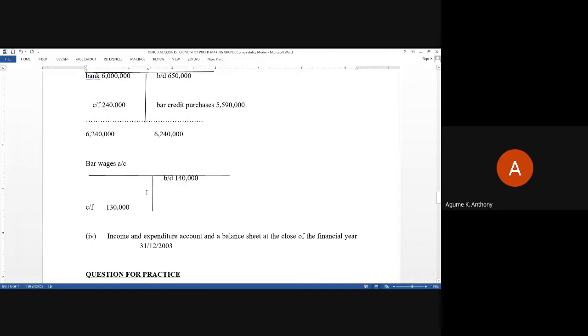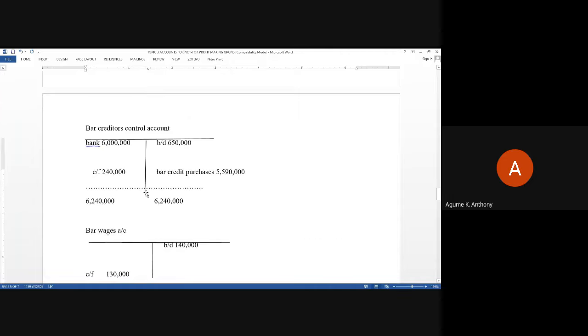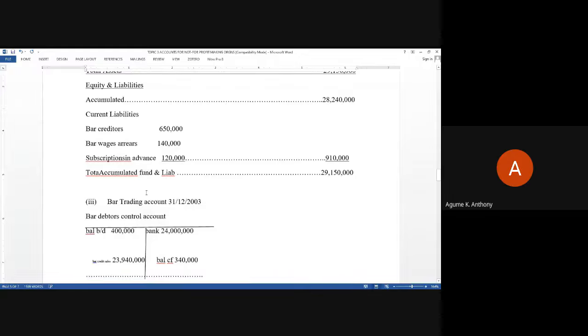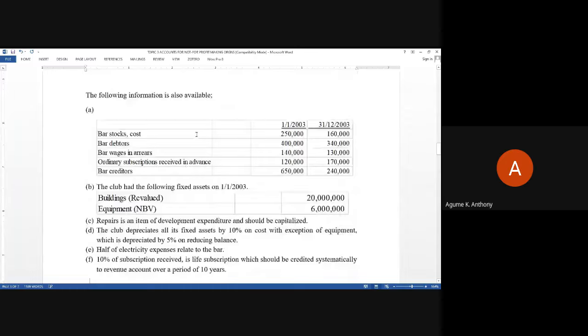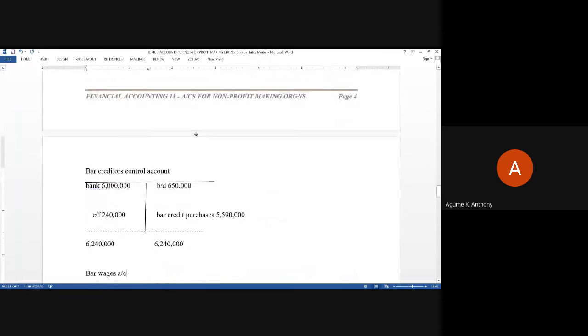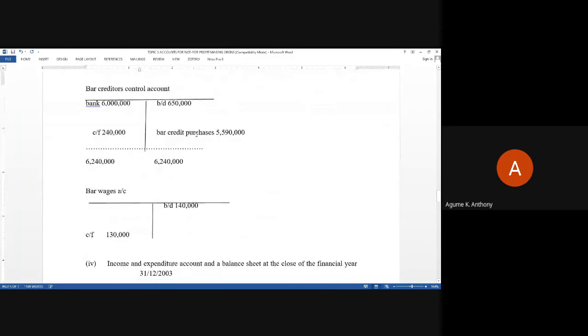Now I need to check if they made any payment in regard to wages. If you check in your payments account, you realize that you have a payment of bar wages, which is 1.7. So I'm going to debit my bar wages account, because if expenses have reduced, you debit. So I will come here and say bank 1.7 million.